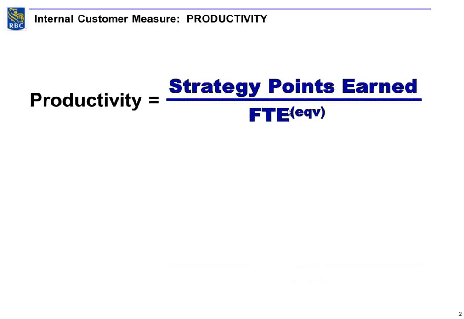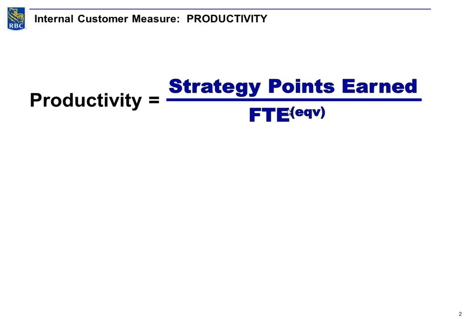We also took a look at productivity. This is an internal measure of productivity. We're going to take a look at the strategy points earned divided by the FTE equivalents to get there. Now, strategy points earned is a conversation about the strategic value that different objectives have. So, for example, the employee capability objective on your strategy map has a weighting of 25%.